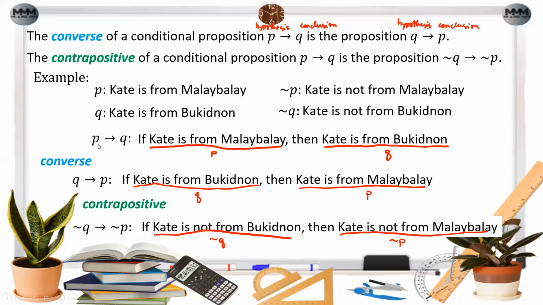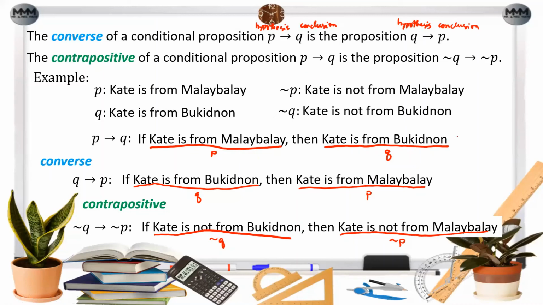But before that, let's determine first the truth value of our given conditional proposition. If P, then Q. For this, as I have said a while ago, Malaybalay is just one of the cities of Bukidnon, which is a province. So if Kate is from Malaybalay, then of course it is true that Kate is from Bukidnon.